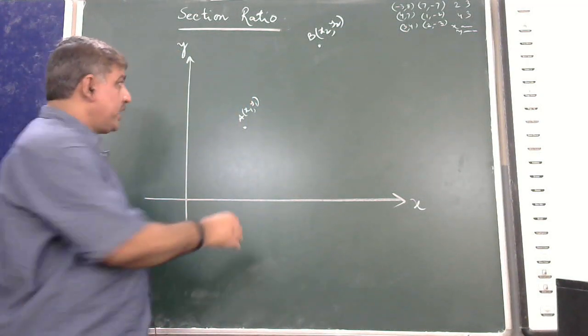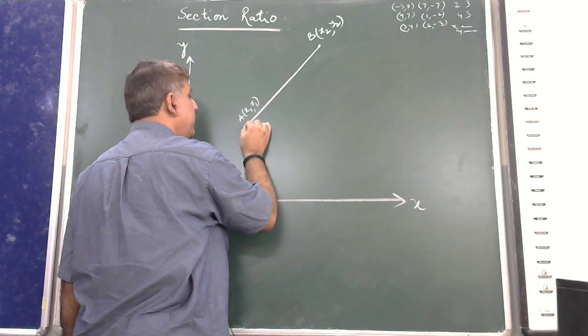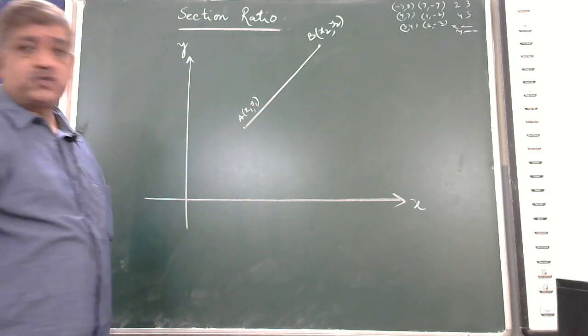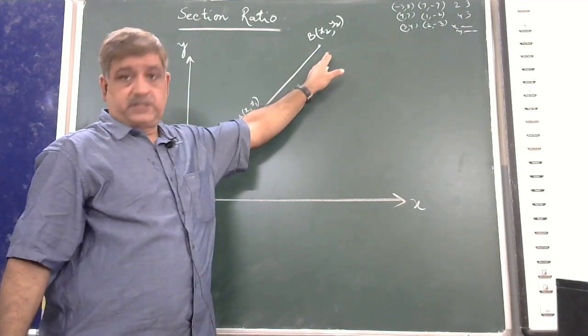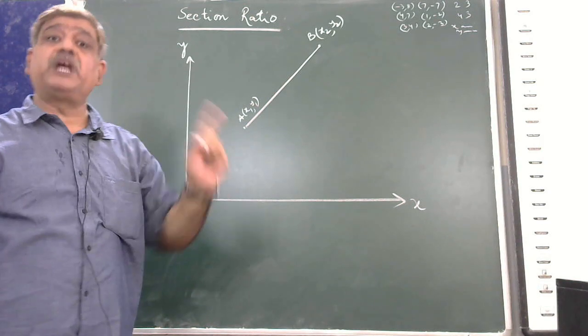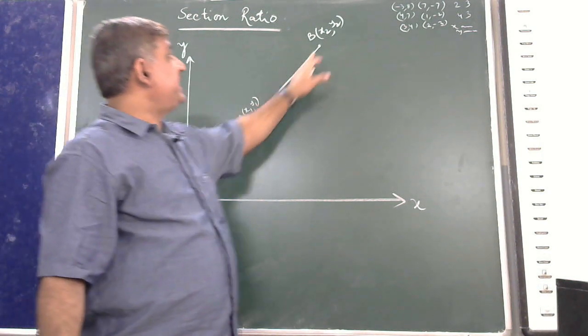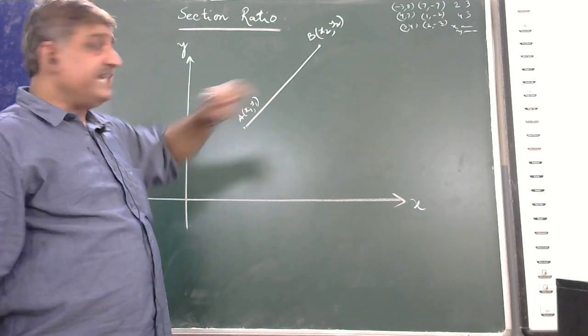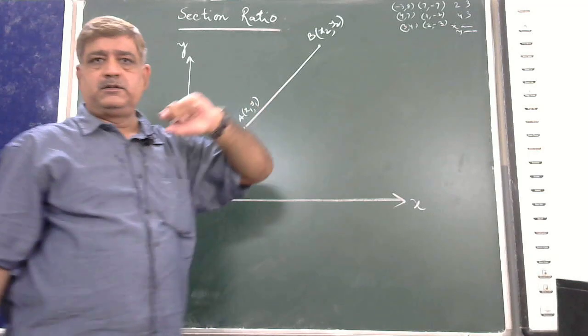Now, if we join the line segment AB by means of a line, the shortest distance between them, as we have discussed earlier, then this line segment AB contains an infinite number of points on it.